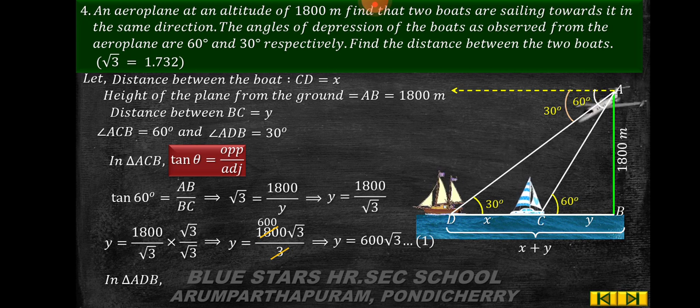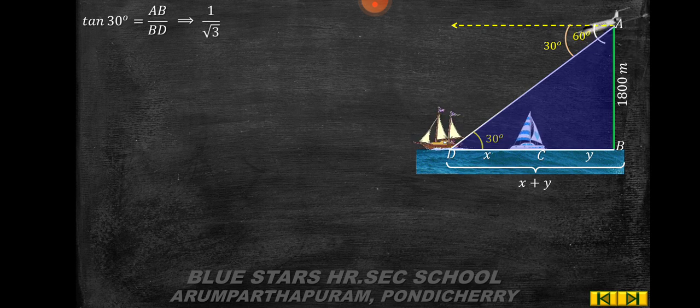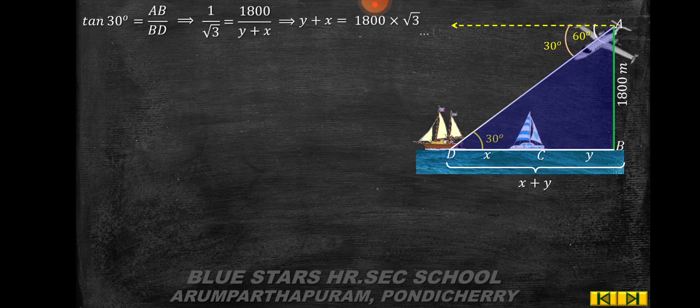Next we are choosing the other triangle. So in triangle ADB, tan theta is equal to opposite by adjacent. That is, tan 30 degrees is equal to AB divided by BD, which implies tan 30 value is 1 by root 3, which is equal to 1800 divided by y plus x, which implies y plus x is equal to 1800 into root 3. This is your equation number 2. So from equations 1 and 2, 600 root 3 plus x.